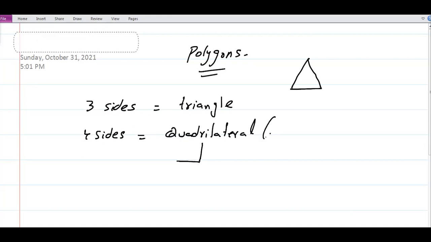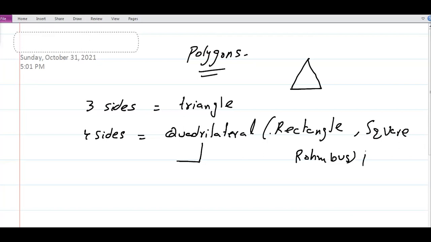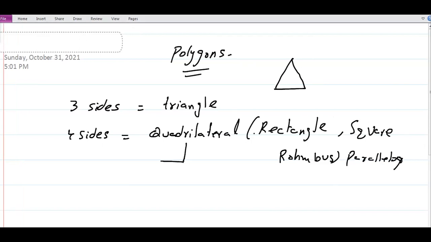Okay, in quadrilateral we have like rectangle, we have square, we have rhombus, we have a simple parallelogram. These are all quadrilateral. Okay, why these are all quadrilaterals? Because they have four sides.